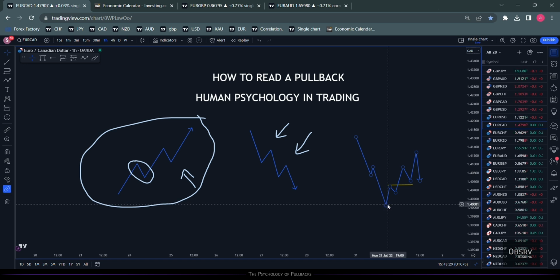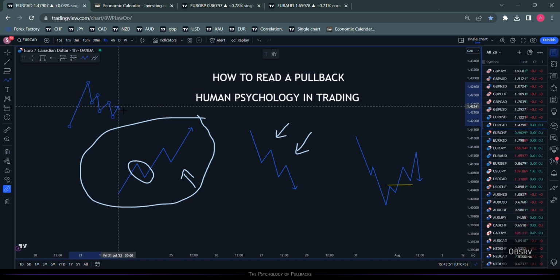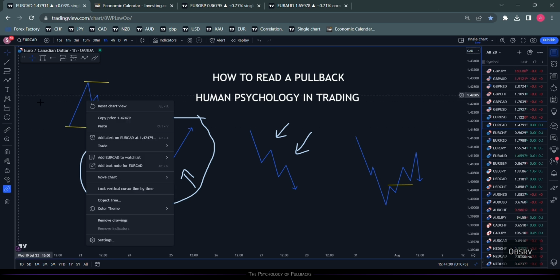A pullback on your lower time frame, let's say you're talking about a downtrend and you want to sell something, the pullback is coming in, it's going to be a higher high and higher lows. Now, as we've discussed in one of the previous videos about how to determine the direction in the market, if we have one move up and then the price is doing something in between, as long as you're in between these zones, you're going to be a buyer.